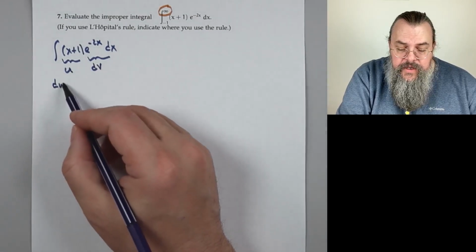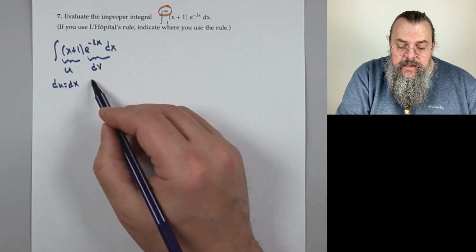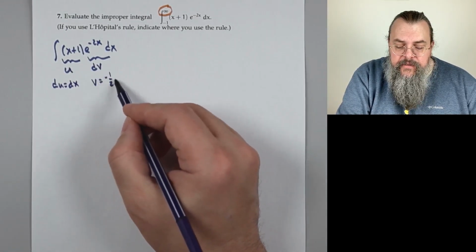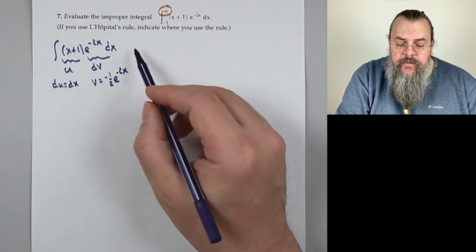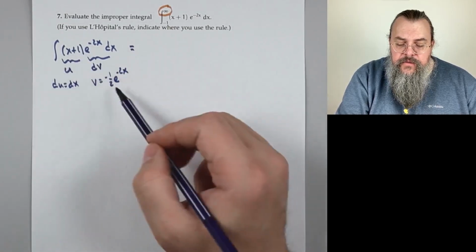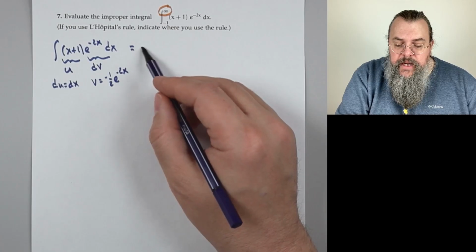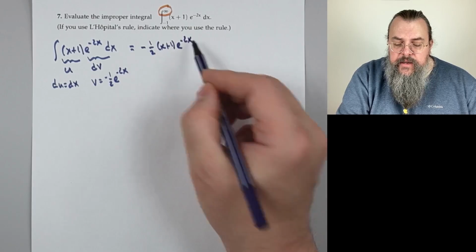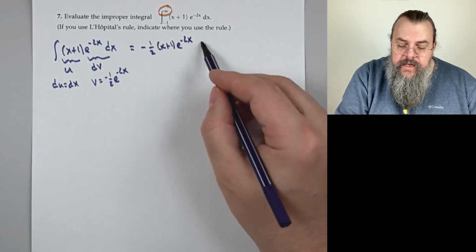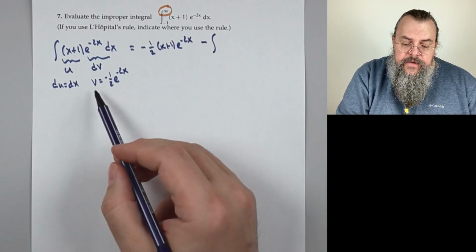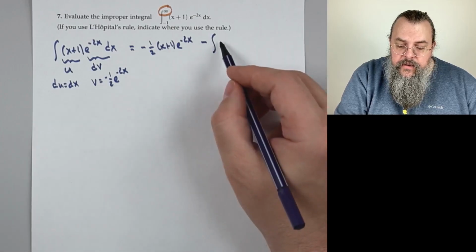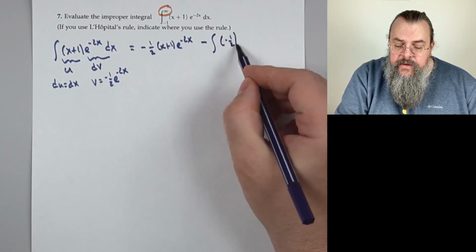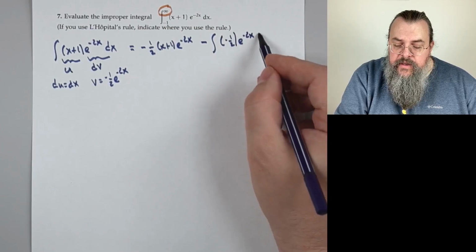So then du becomes dx, and the integral of e to the minus 2x is minus a half e to the minus 2x. So this becomes uv, minus a half (x plus 1) e to the minus 2x, and then minus the integral of v du, so minus a half e to the minus 2x dx.